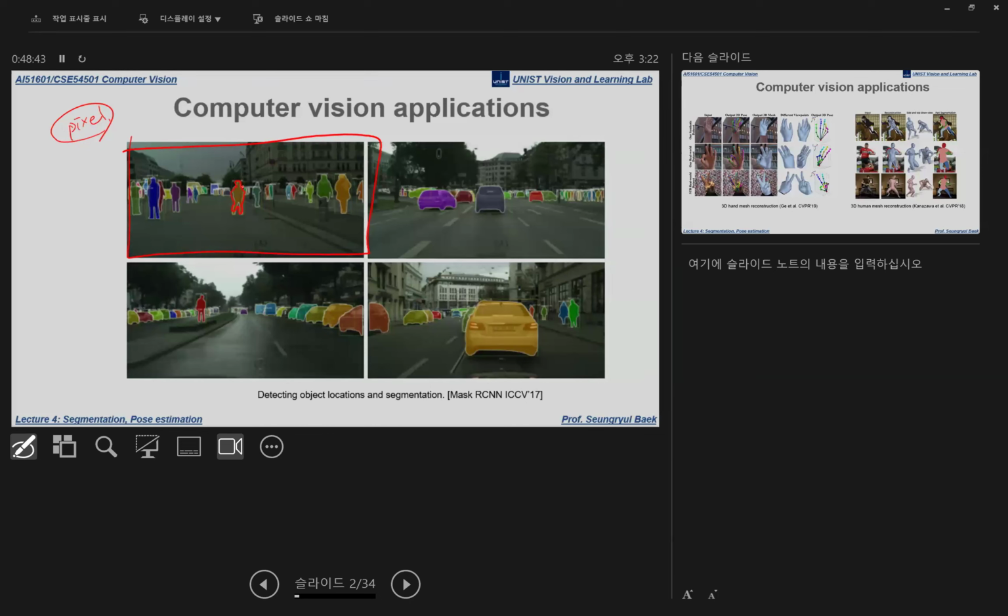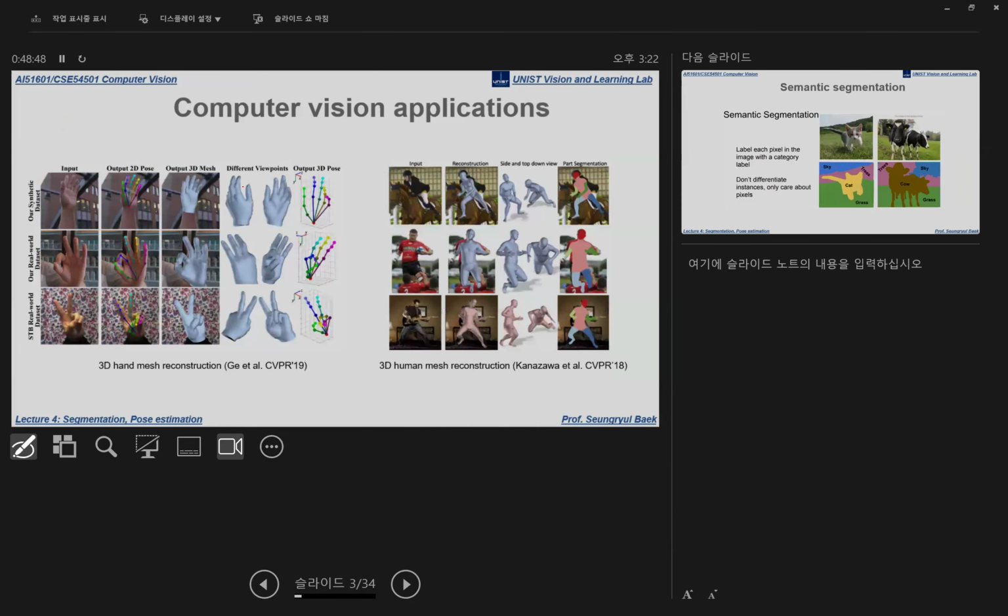That's what we want to achieve in computer vision. And also in the pose estimation task, given this RGB image, we want to estimate this type of skeleton, which means, as I told before, there are 21 predefined key points in the human hand because we all know that human hands have 5 fingers and 1 wrist. So we define 4 points per finger and 1 point for the wrist.